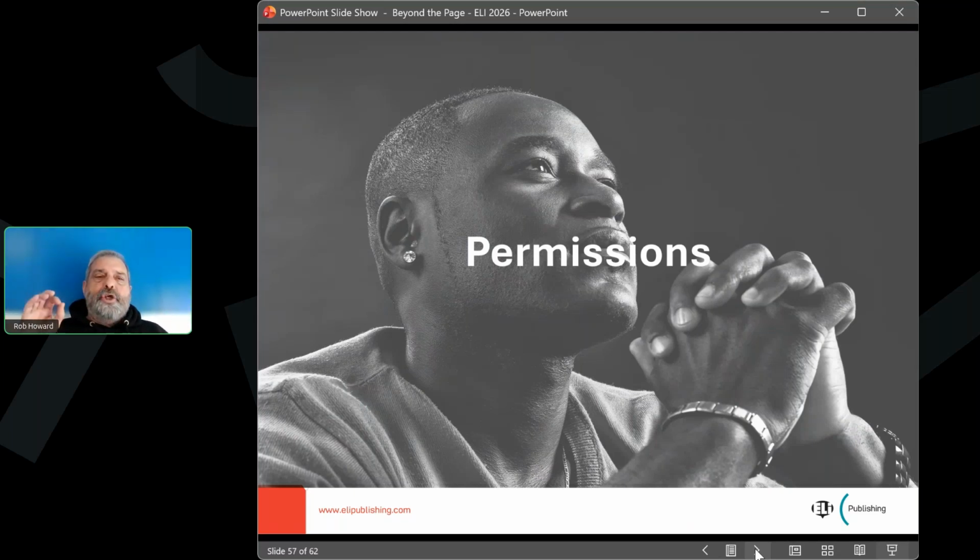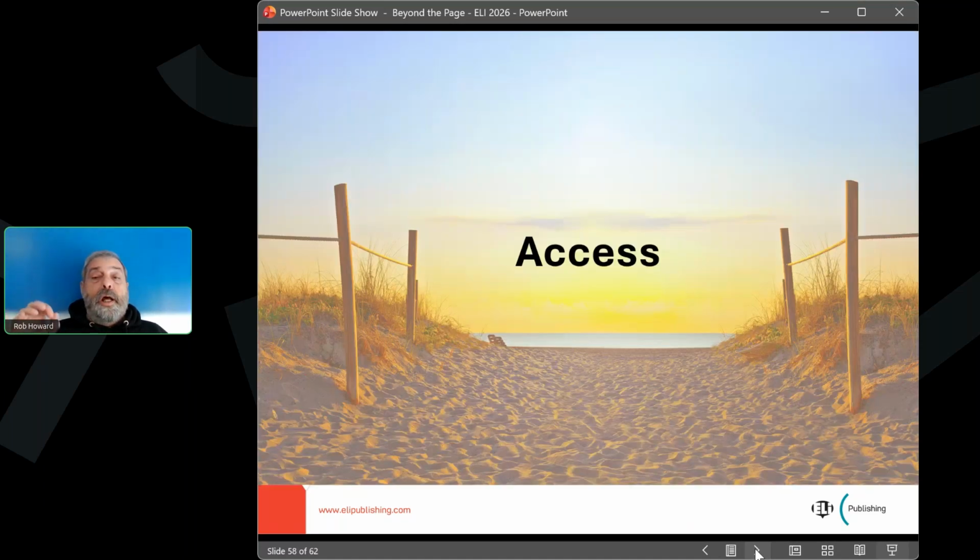Access. Make sure that your students do have access. This is probably not a big problem in Italy. I don't think it's a big problem in Poland. But maybe in some countries, they may not have internet access. They may not have a computer at home. They may not have a cell phone. They may not have data packages to use the phone.